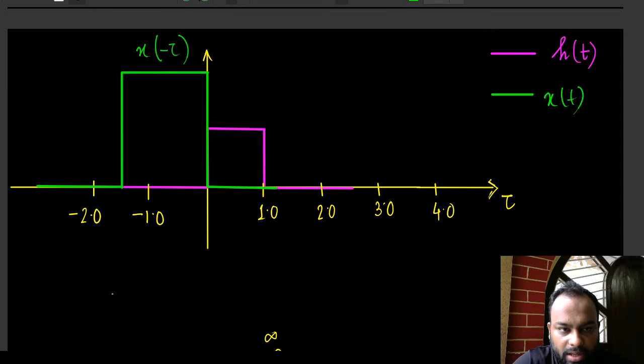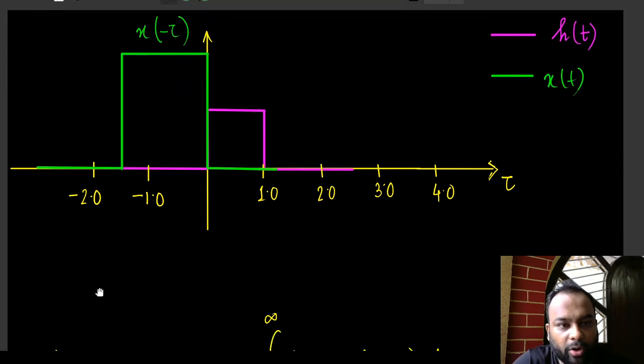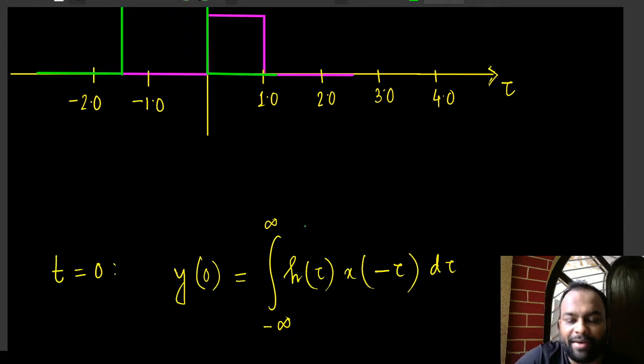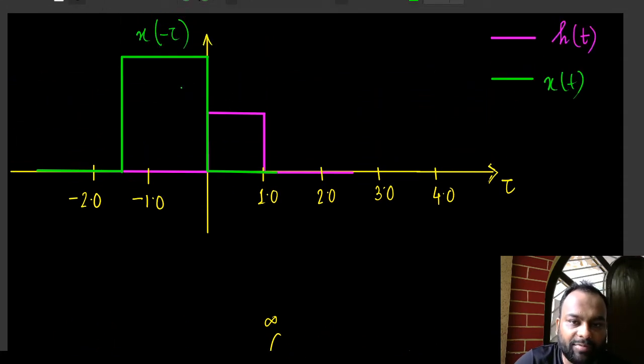Now, in order to calculate the output, what do I have to do? I have to multiply these two signals, the one represented in green with the one represented in purple, and calculate the total area under the curve of the product.